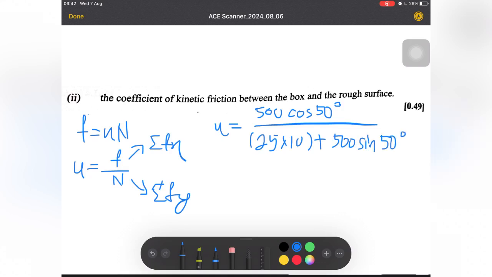This is the Fy. Okay, so mu will be equal to 0.48796. So to make it simple, into 2 decimal places we will find 0.49. So that's the answer for this question.